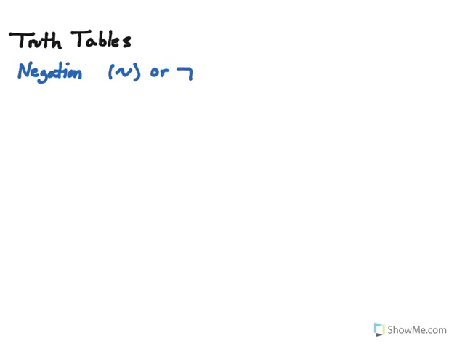So the first thing I want to talk about is negation, because negation is often used when we have a statement, and in order to negate the statement, it's going to change its truth value. Truth tables are a way of organizing information to list all possible scenarios.